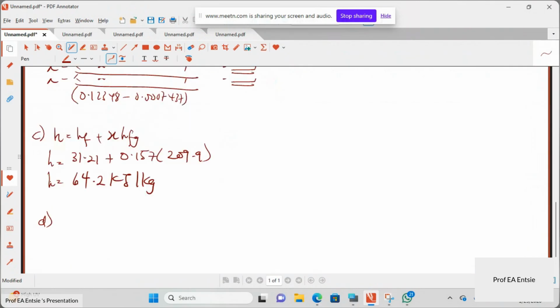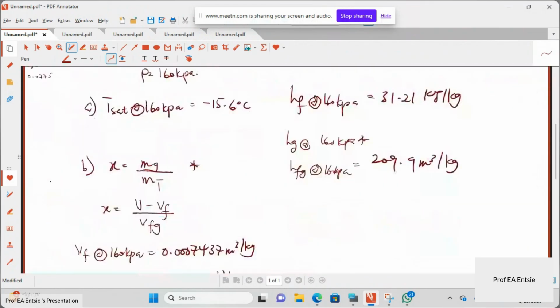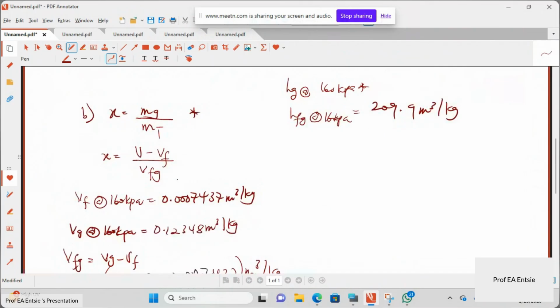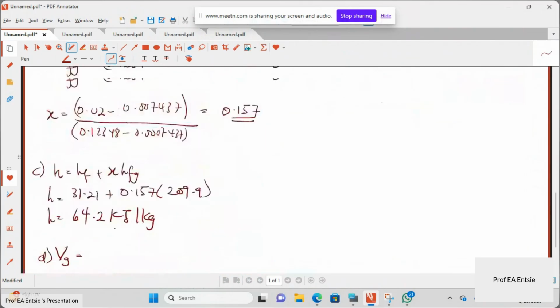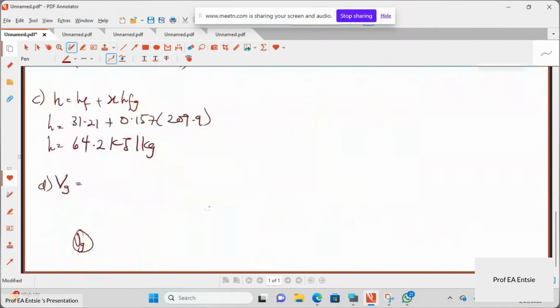The D is saying that we should find the volume occupied by the vapor phase. So volume occupied by vapor phase, it means Vg, right? They didn't say liquid state Vf, they said Vg. And mind you, this Vg is not specific volume g. This is the total volume they need occupied by the vapor phase, right?